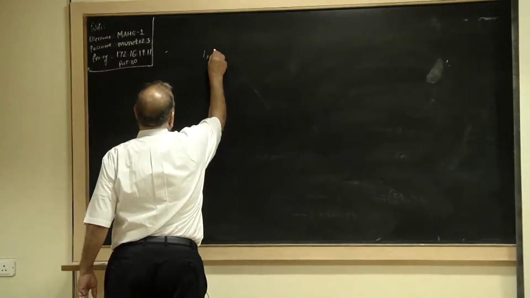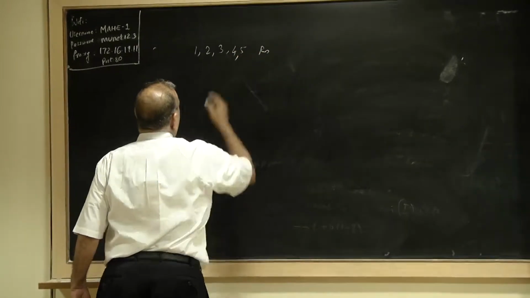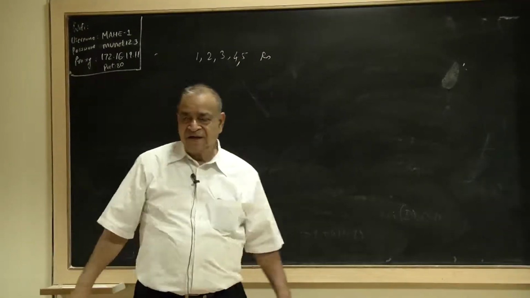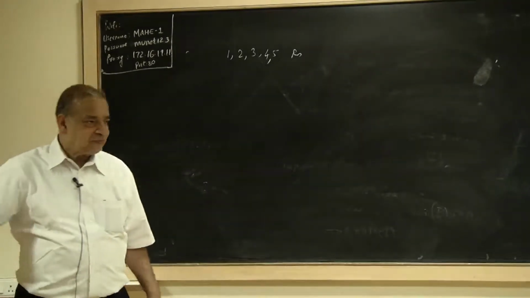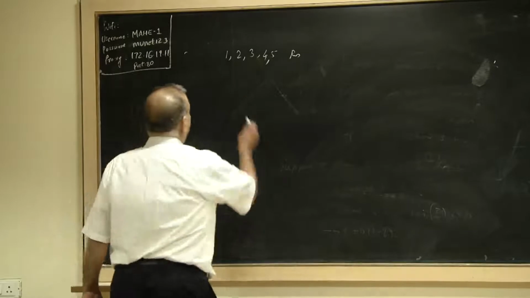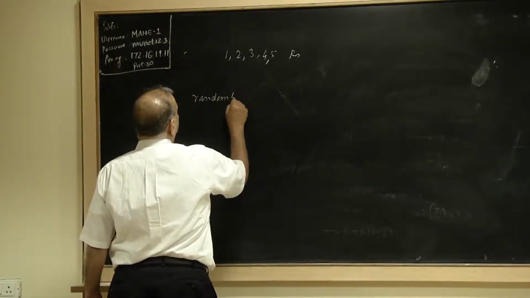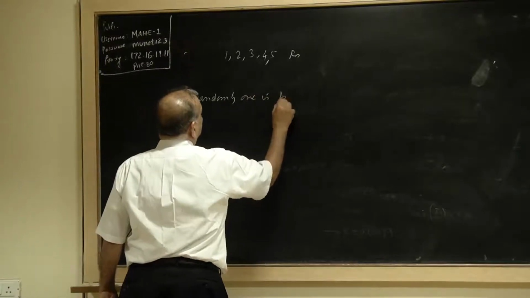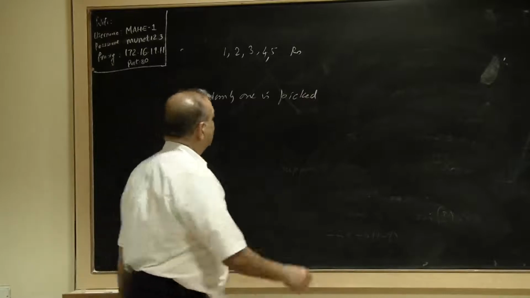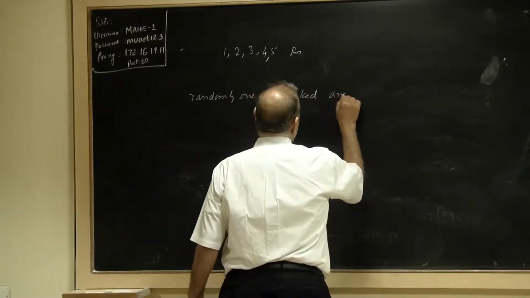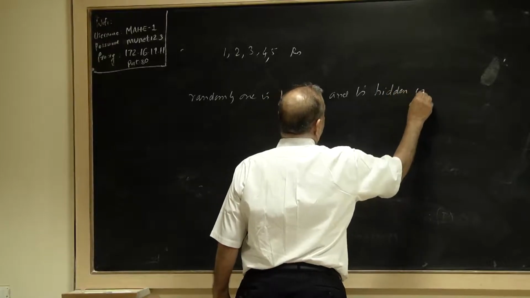There are objects worth 1, 2, 3, 4, 5 rupees. There are 5 objects worth 1, 2, 3, 4, 5. Okay? Randomly one is picked and is hidden inside a basket.